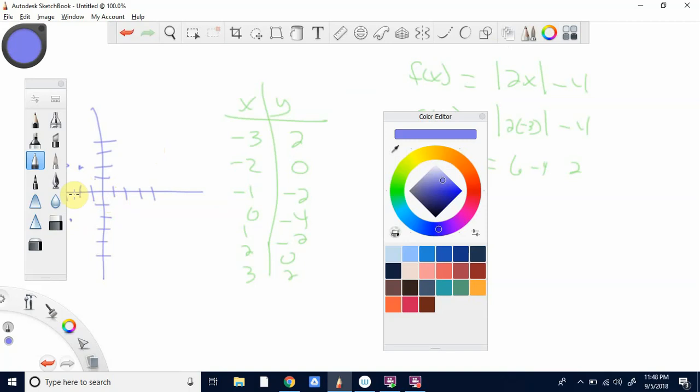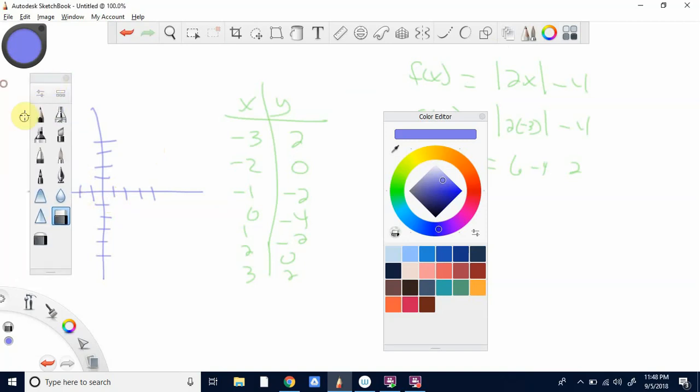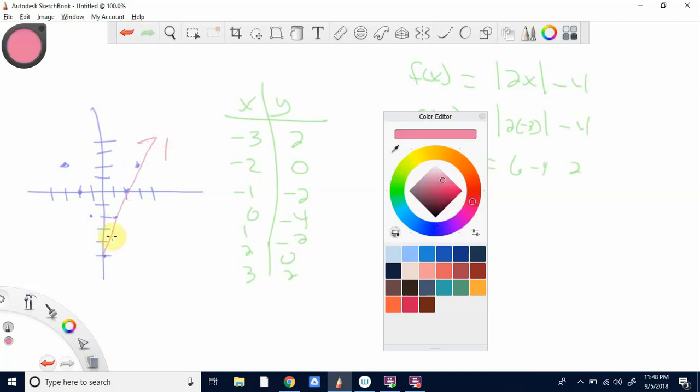Let me erase this. Okay, so -2, 0, -1, -2, 0, -4, 1, -2, 2, 0, 3, 2. So my graph, if I connect the dots and if I had a nice pretty graph, this is what it would look like.